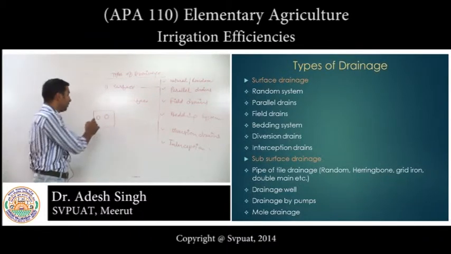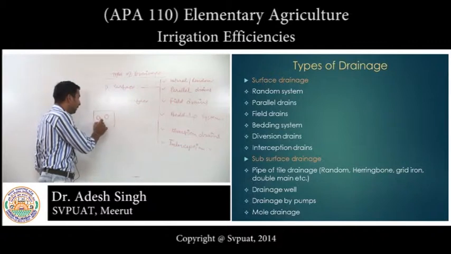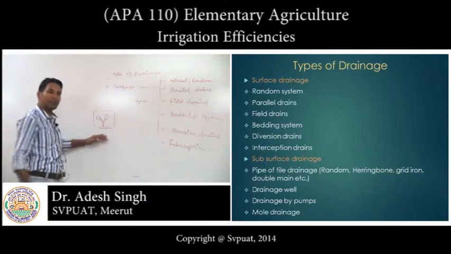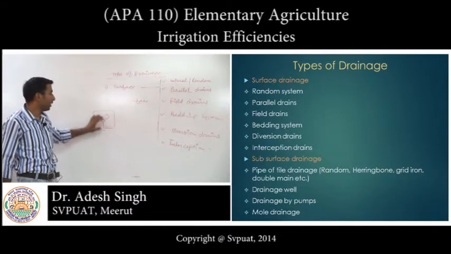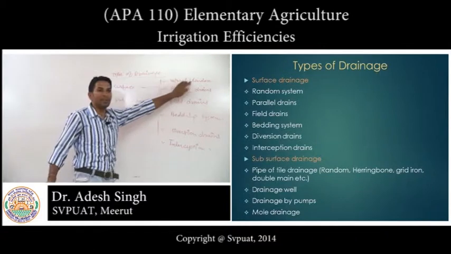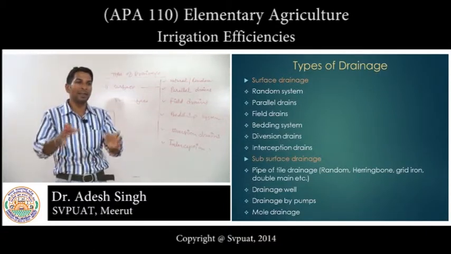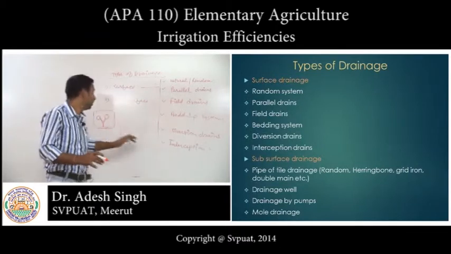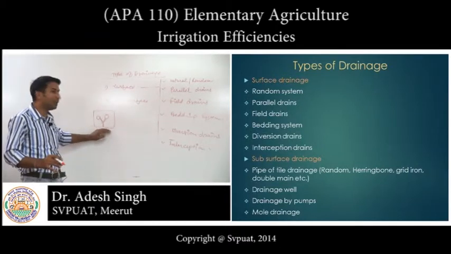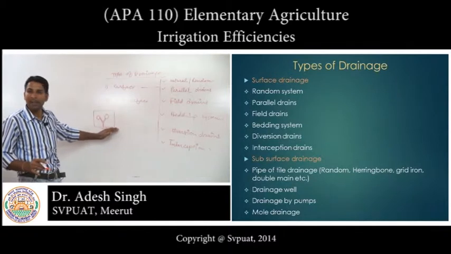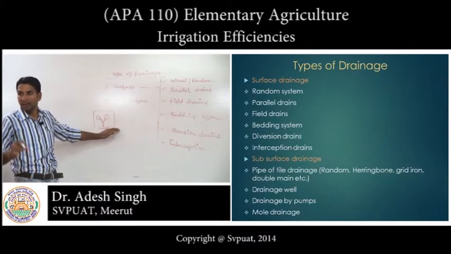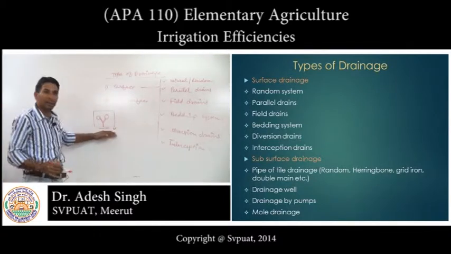So these depressions can be joined with channels and they can go to the main channel. Clear? So random system means the low-lying areas can be joined together and the safe disposal of water takes place in the main ditch, which is generally towards the slope.